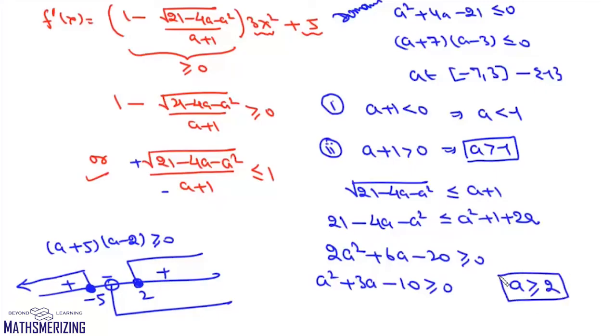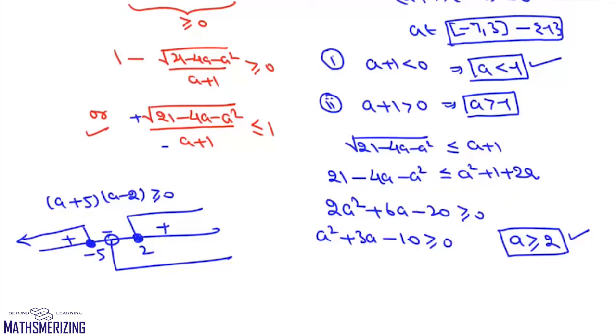So we have three conditions. Either a is less than minus 1 or a is greater than or equal to 2, and a should lie between minus 7 and 3 excluding minus 1. Now we'll find which all values of a satisfy these three conditions. Now this is OR. So this is either a is less than minus 1 or a is greater than or equal to 2, and this is the value of a should lie between minus 7 and 3.